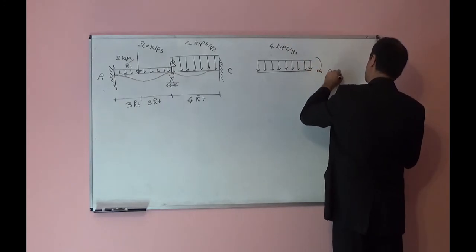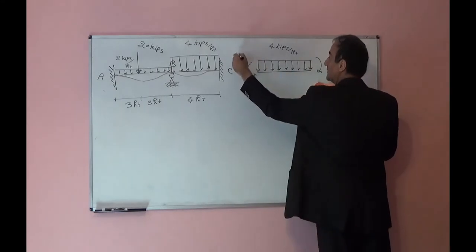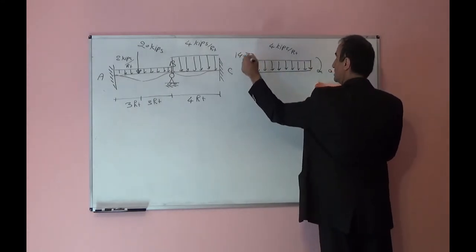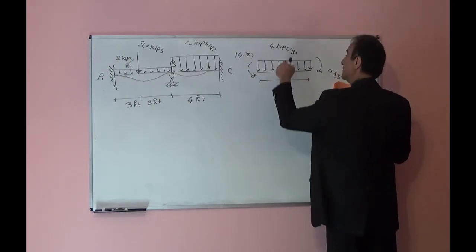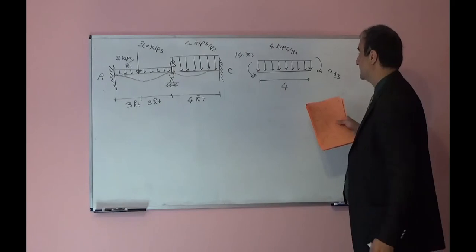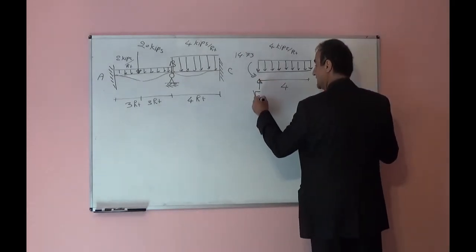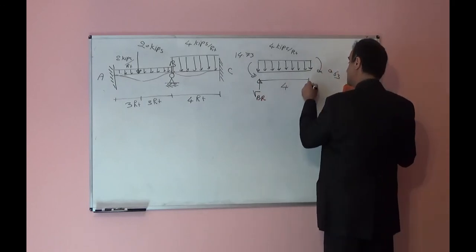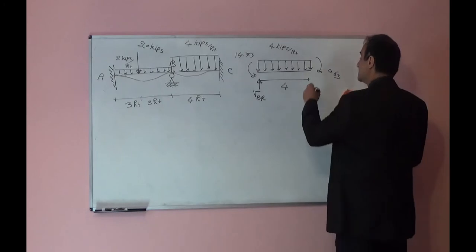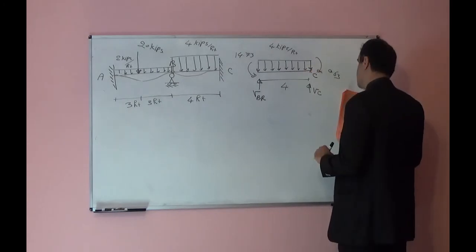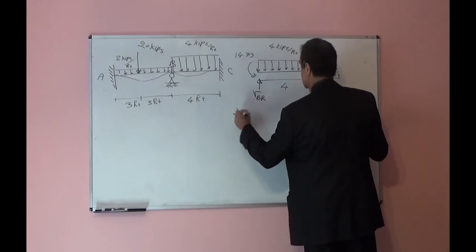This is 0.63. It was negative, so clockwise, positive 14.73, so counterclockwise. This span is 4. You have external load. What else? You will find here VB right and VC.